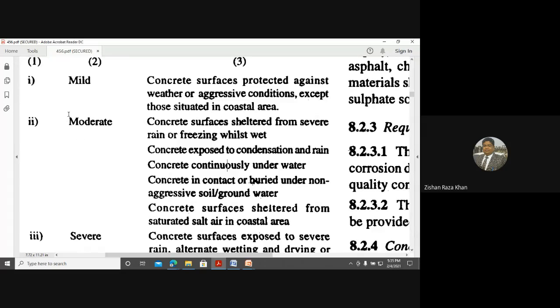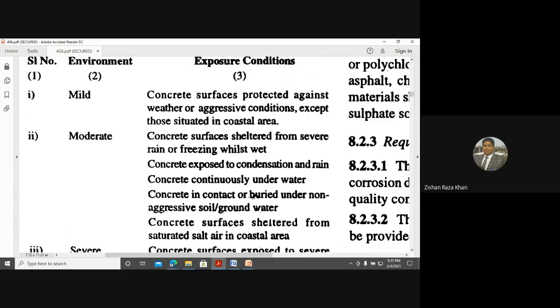Okay, see, the first exposure condition is called mild. Mild is defined as a concrete surface protected against weather or aggressive conditions, except those situated in a coastal area. Consider the environmental conditions of Lucknow.